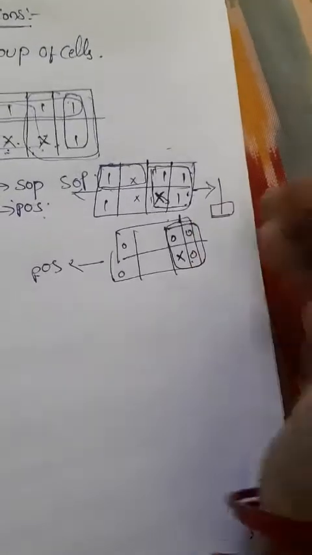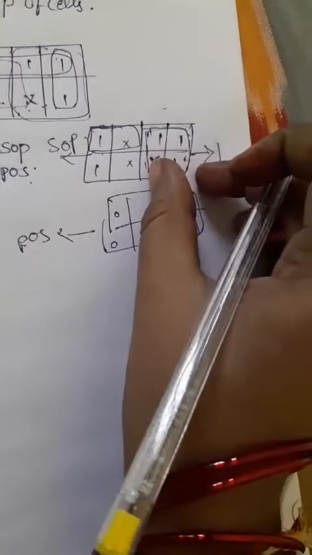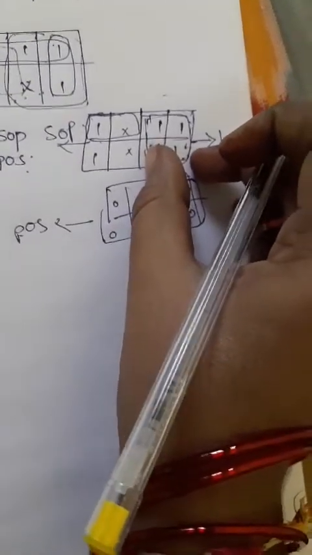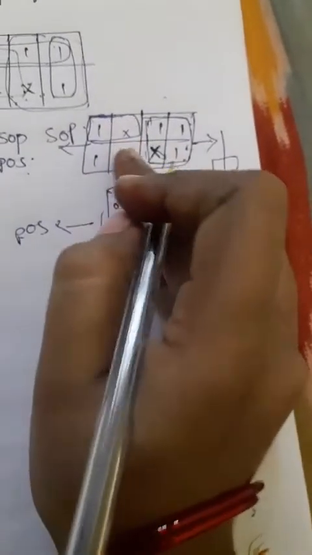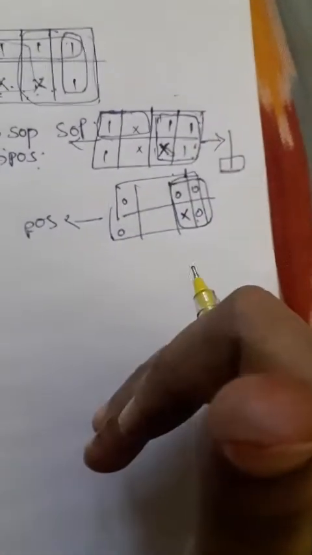If you need to convert that SOP into POS by keeping the don't cares as they are, write the missing minterms. Whatever missing minterms we have, this one and this one, these minterms of the SOP form become the maxterms of the POS form.